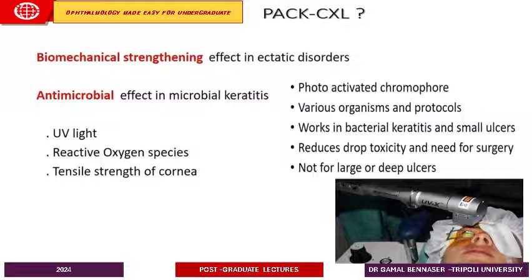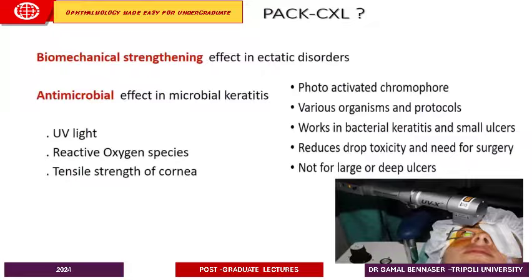Apart from this, cross-linking has an antimicrobial effect, and that's why it is used in microbial keratitis, by activating the photoactivated chromophores, which will bind to the DNA of the organism itself and lead to retardation of the multiplication of the organism.